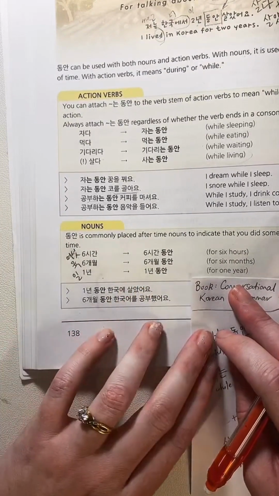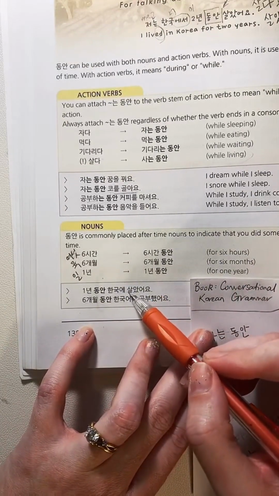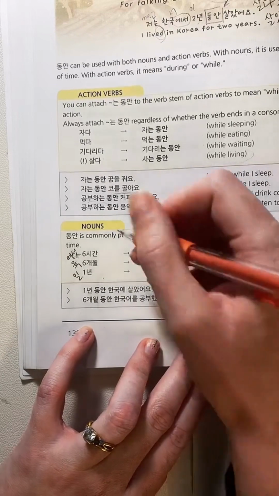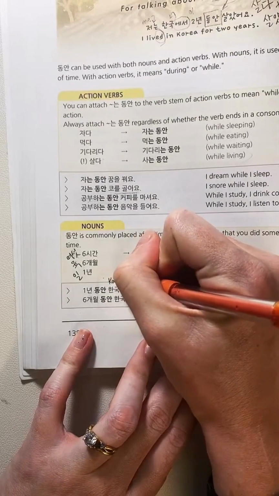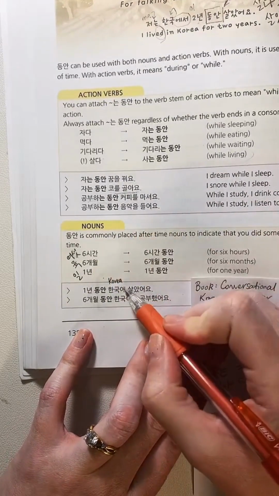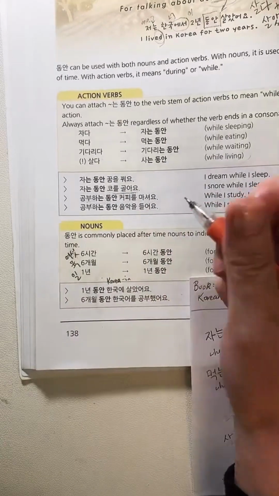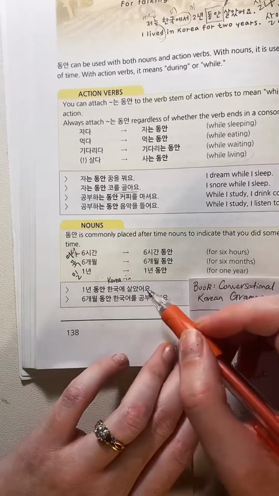Does anyone recognize what that means? Hanguk is the country, right, of Korea. And this 에 is kind of like in. In Korea, 살다. Salda is the verb to live.